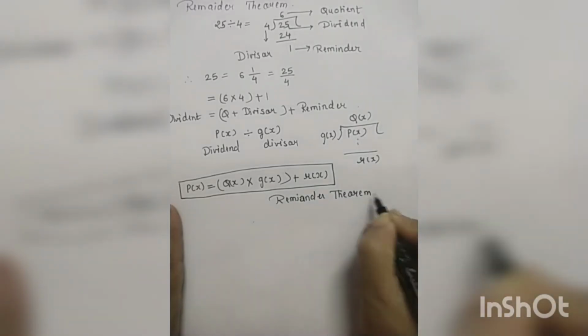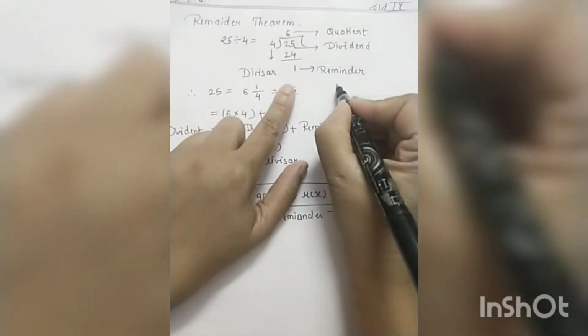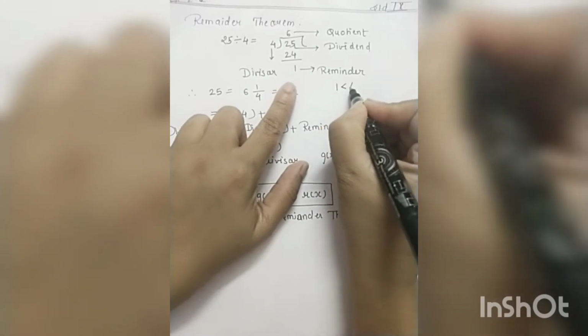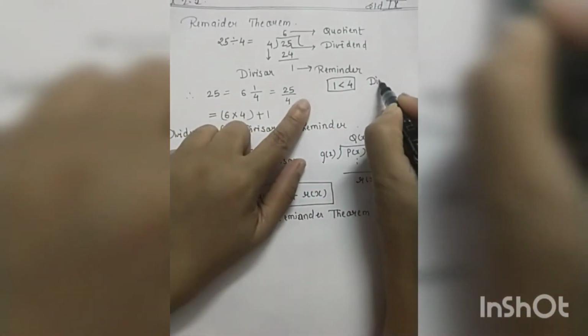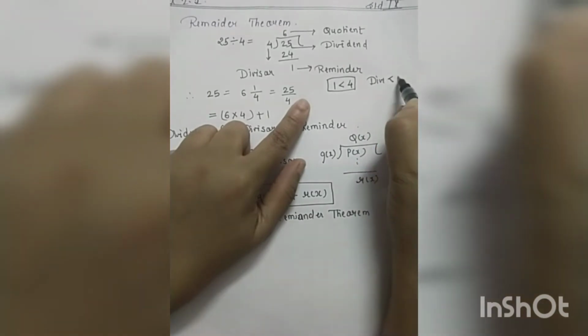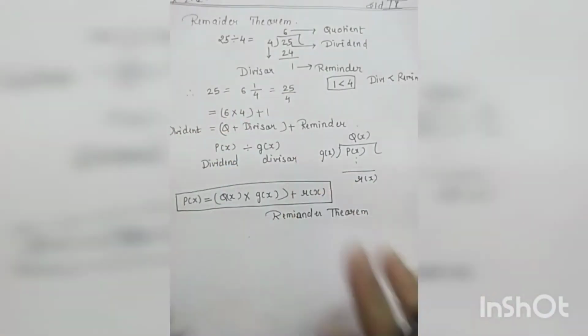Now students, all of you know that the remainder is always less than the divisor, that is, 1 is less than 4. Then only we say it is a remainder.